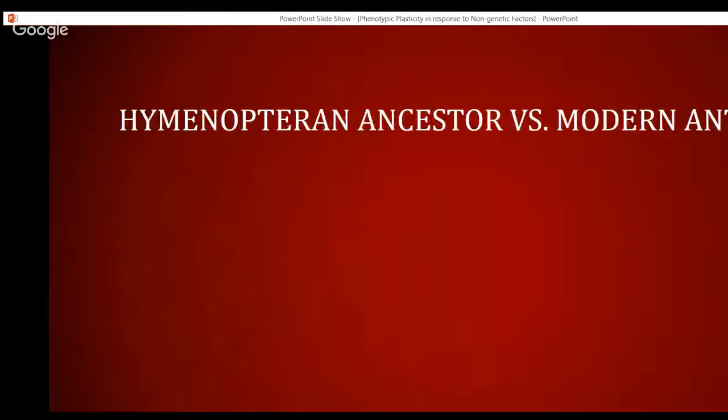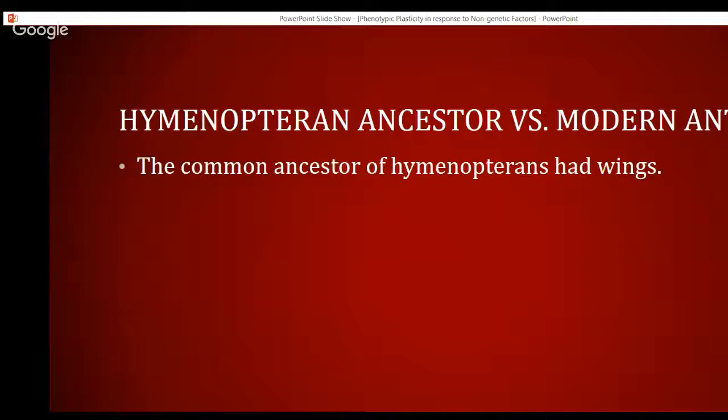So we can learn more about evolution if we look at the common ancestor of hymenopterans versus modern ants. So the common ancestor of hymenopterans had wings. It basically looked like a mesh between the three different hymenopterans. That slender body, the jointed legs, and also wings.